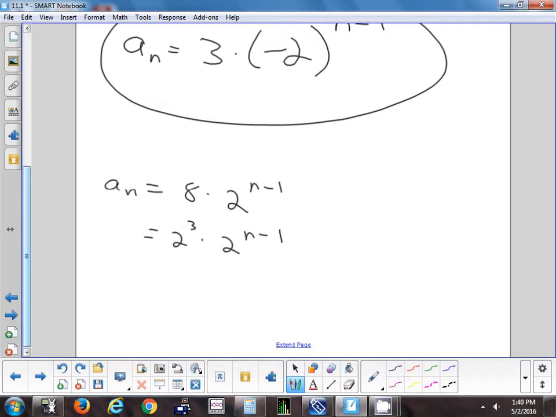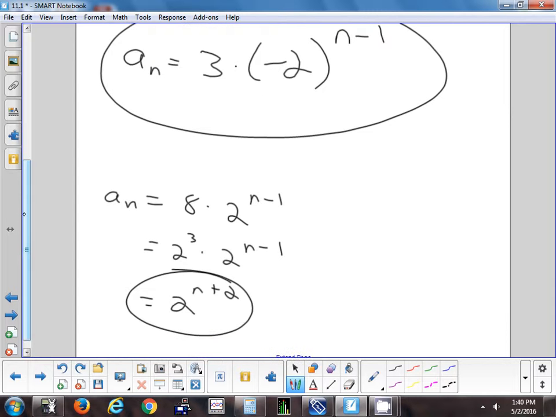Right, you can write those with the same base, and you get 2 to what power? n plus 2. That's a much simpler way to write than what I have up above. Okay? When you do it, it kind of hides what the first term is. If you had a sequence, this shows the first term is 8. This kind of buries it into the expression, but that is more simplified.